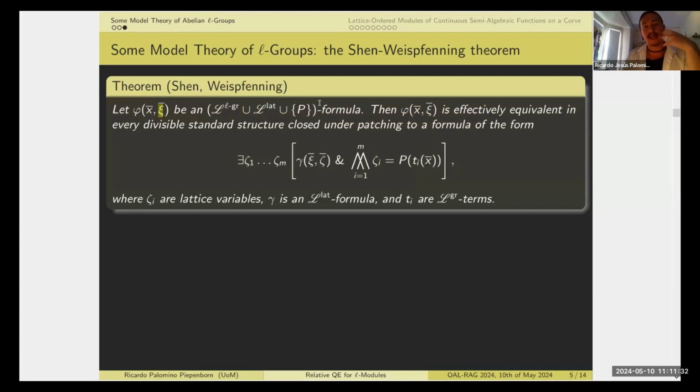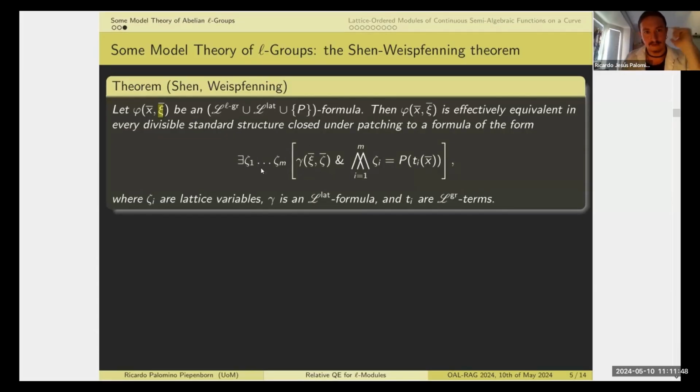And what this theorem is saying is that whenever I have such a formula phi, then I can effectively translate it, in every divisible standard structure which is closed under patching, to a formula of this horrible form.